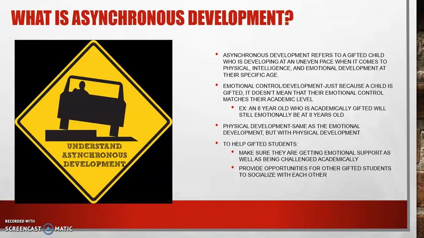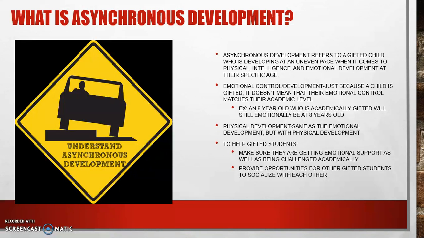What is asynchronous development? It refers to a gifted child who is developing at an uneven pace when it comes to their physical, intellectual, and emotional development at their specific age. So, for instance, if they're 10, maybe their intelligence is above that, but their emotional and physical development is at their age level.